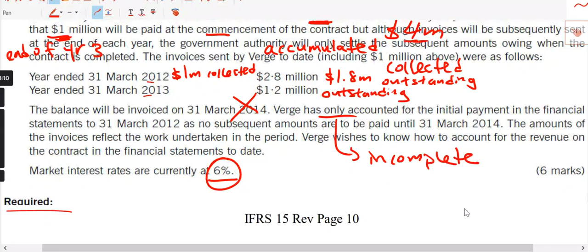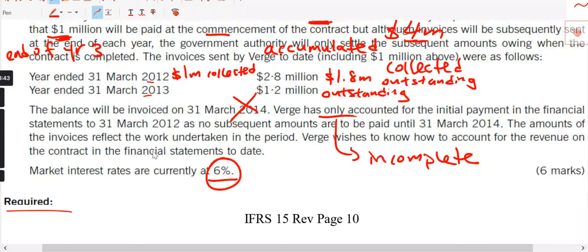You cannot only account for the $1 million and not account for the balance invoice of 1.8 for 2012 and 1.2 for 2013. Okay, let's continue.